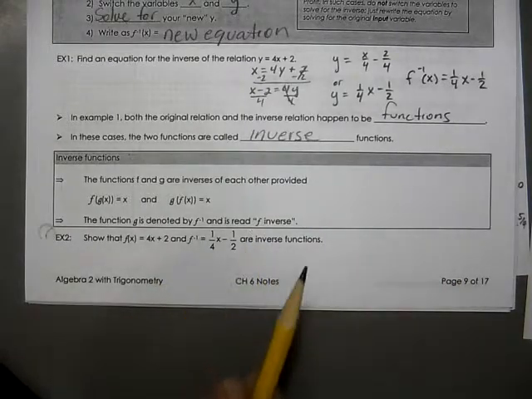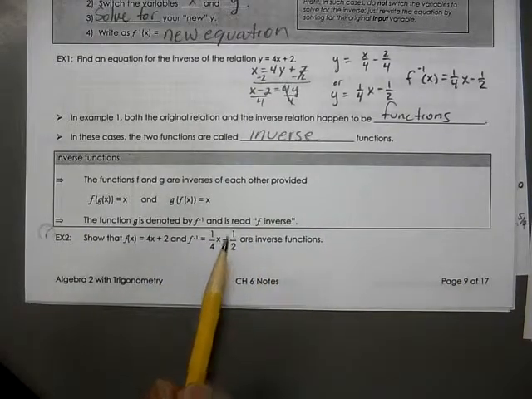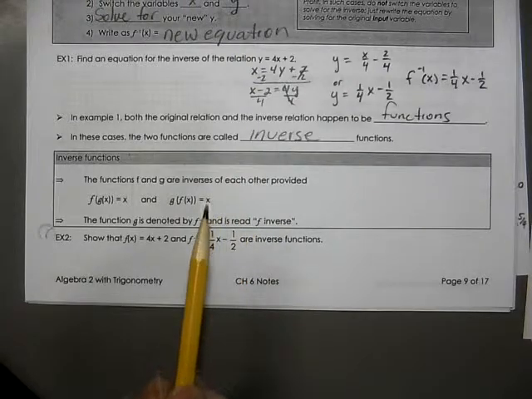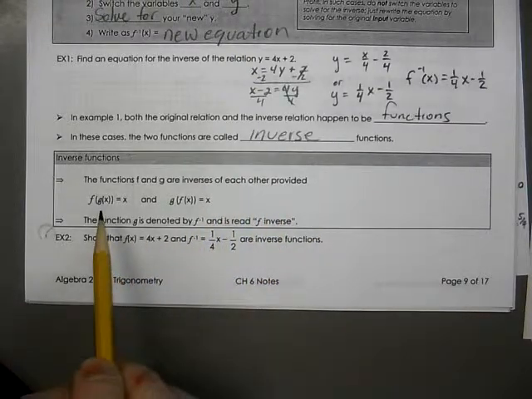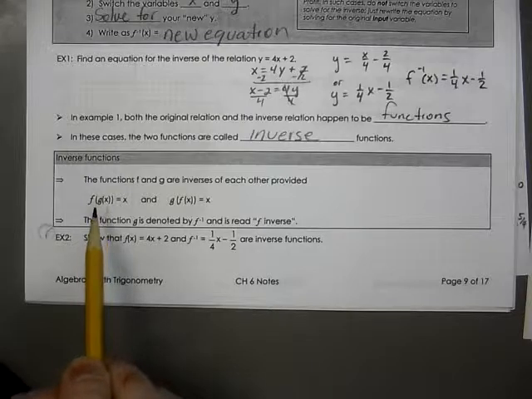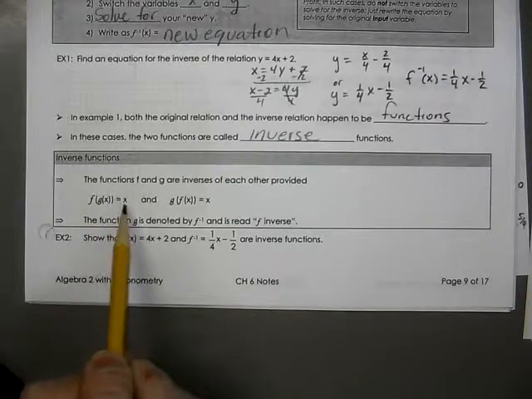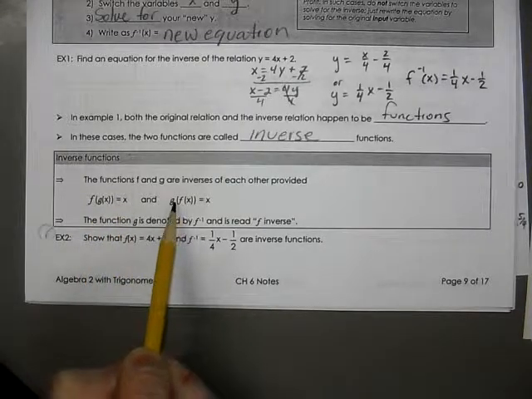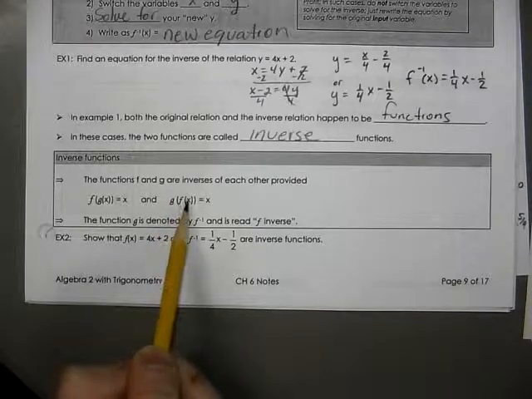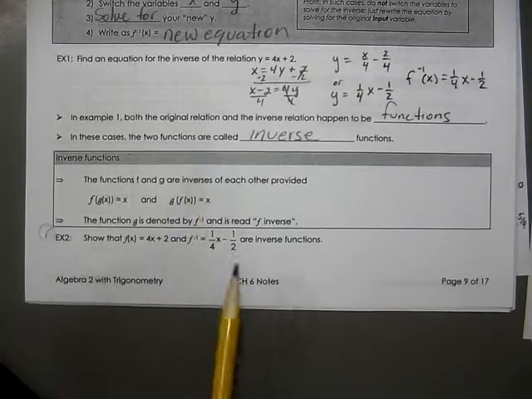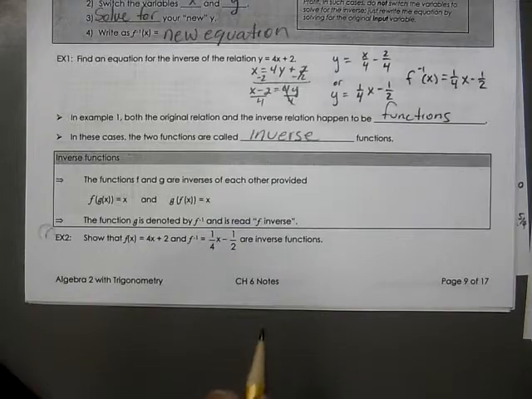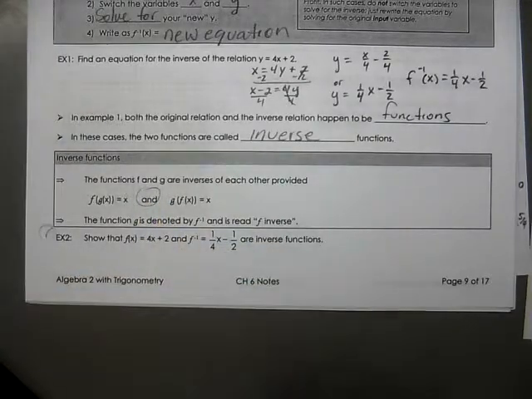To test to see if two equations are inverse functions, we can do f of g of x and get ourselves all the way down to x, and we can do g of f of x and see if we can reduce that all the way down to x. You have to do both.